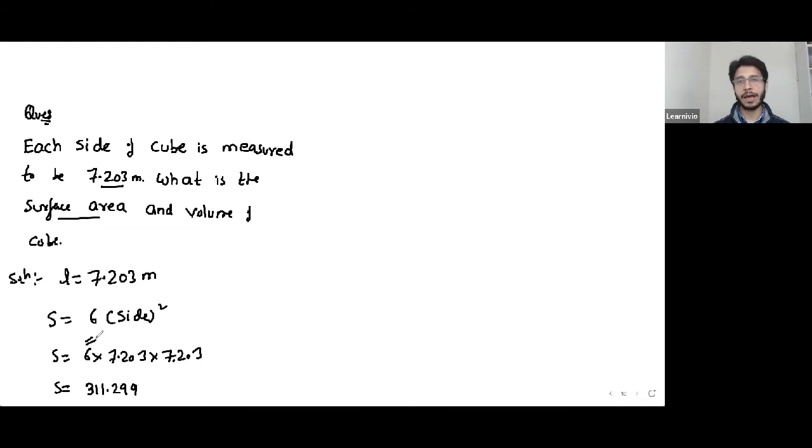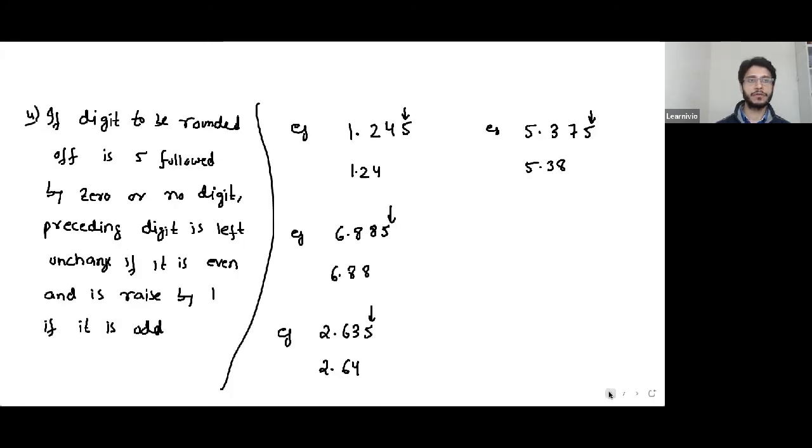See, this 6 is a multiplier. It's not a measurement, it's a multiplier. Sania, just tell me the number of significant figures in this 6. 1. This is a multiplier. Just check the rules for counting significant figures.